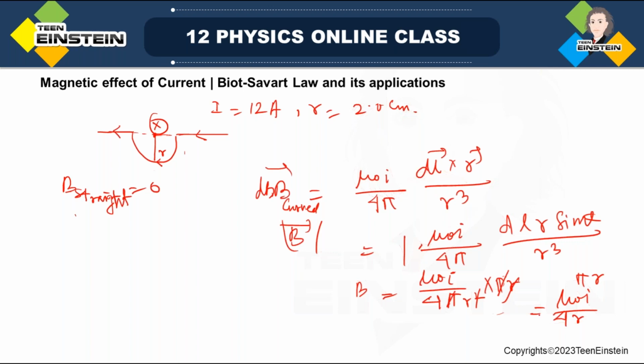This is the magnetic field, and I have the values of current, so B for the curved part will be: mu is 4 pi into 10 to the power minus 7, current is 12 ampere, and this is centimeter, 4 into 2 into 10 to the power minus 2. Sorry, this is 3, this is 2 pi.